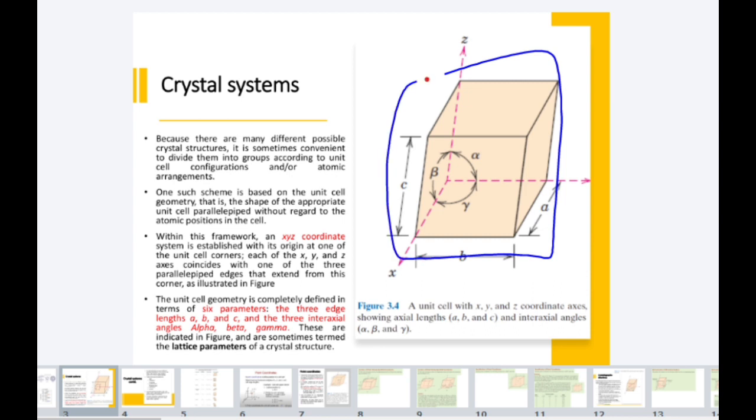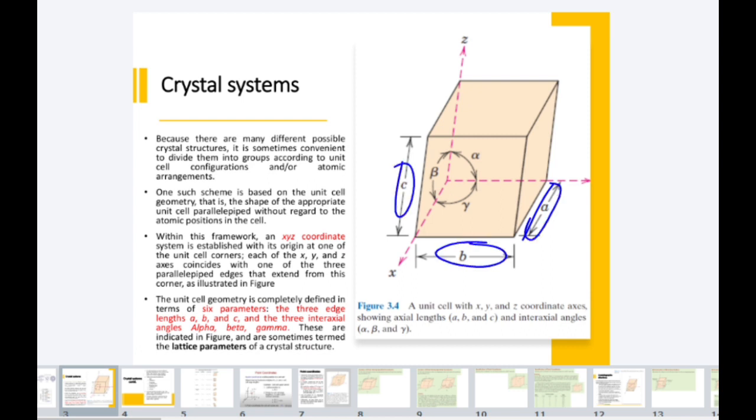How can we define it? We can define this geometry completely with 6 different parameters. And what are those 6 parameters? We have the 3 sides: side A, side B, side C, and we have the 3 angles. Alpha is the angle between the Z axis and the Y axis.